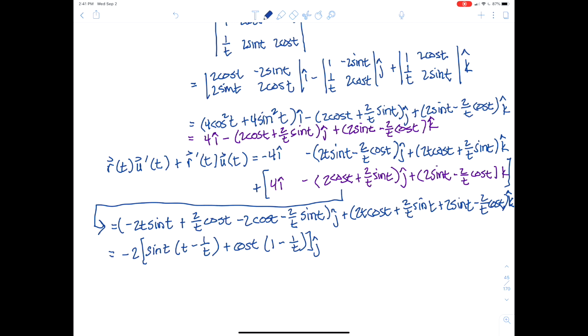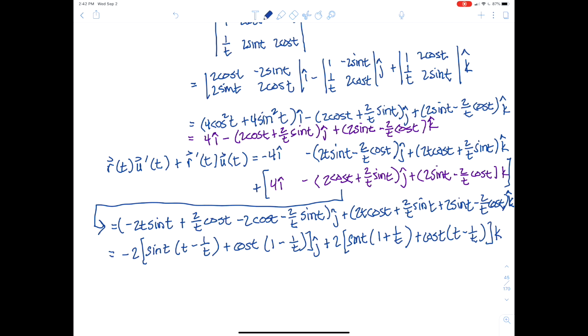And then if I factor out a positive 2 from this one, factoring out our sine t term, we will be left with 1 plus 1 over t, and then our cosine t will be left with t minus 1 over t, and that's all times k.